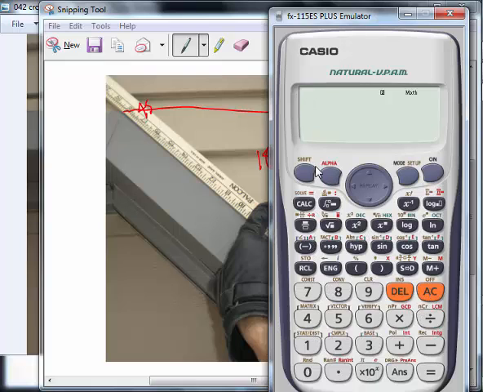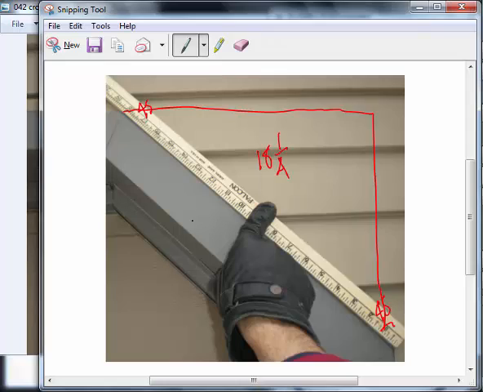Let's do it again. 18 1/4 and divide that by the root of 2. We find that each of the sides of that triangle is about 13 inches, 12.9 inches. We can figure out exactly what that is on our calculator.